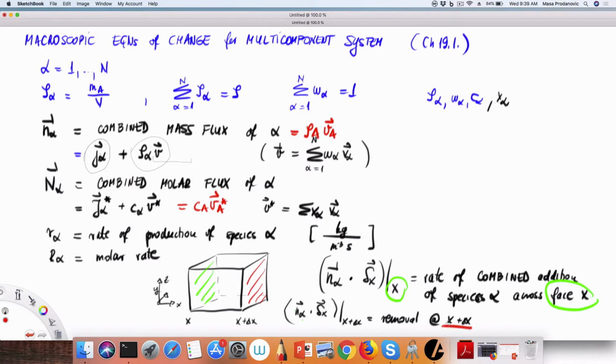And that's my red phase. So just like before, in order to enter any kind of volume, I've got to go normal through the surface of the volume locally. Yes? Earlier on, sorry, just to check, is that rho alpha V alpha, and C alpha V alpha star in the red? Yes. Yeah.